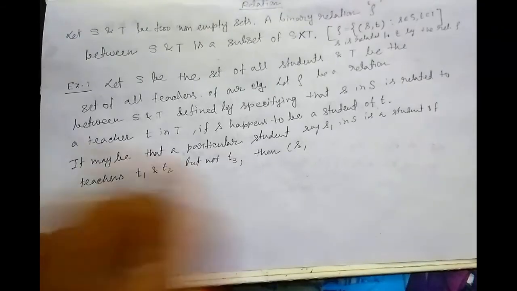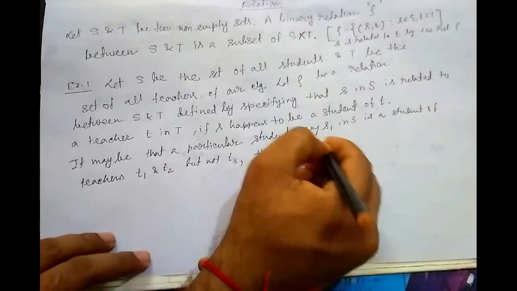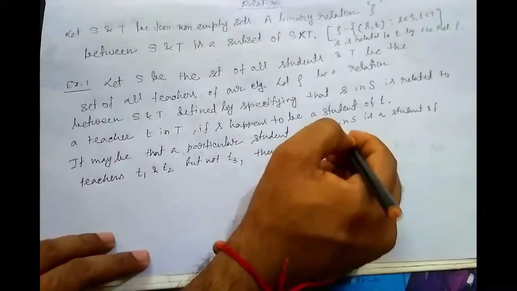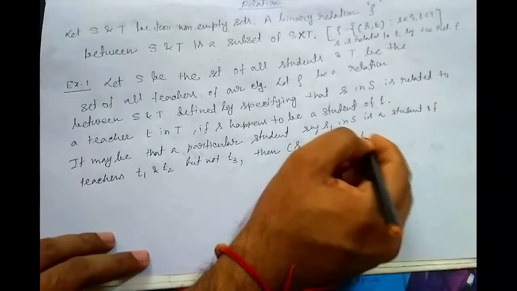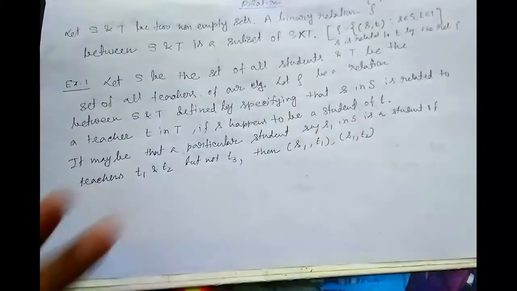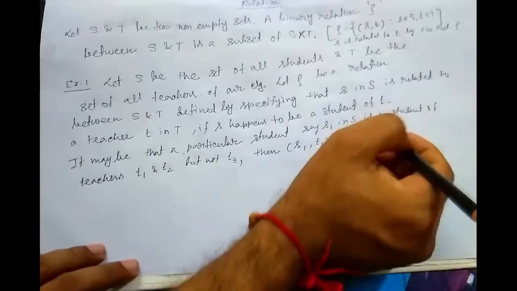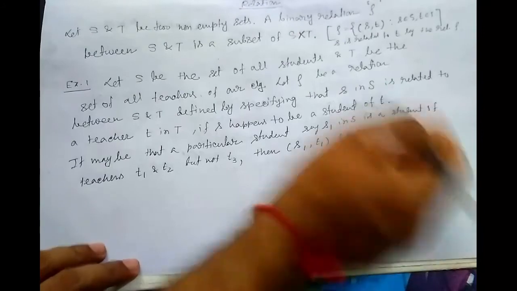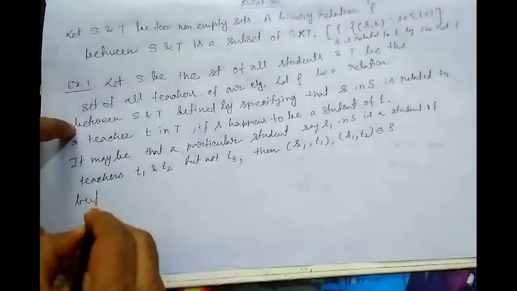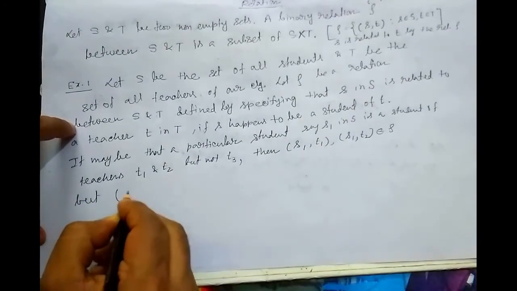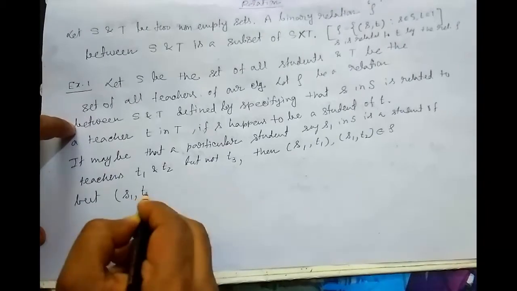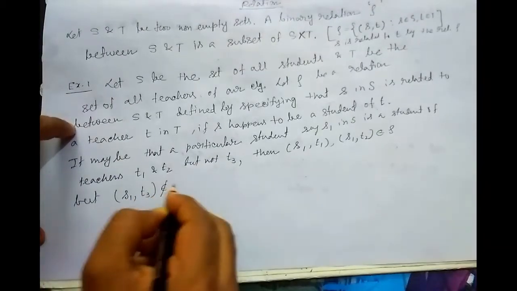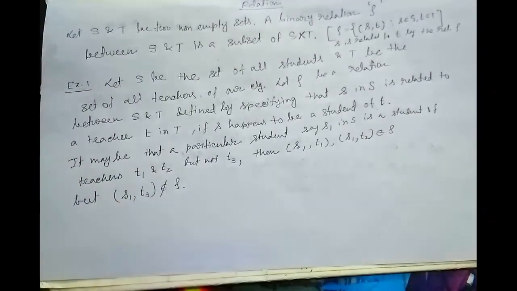Okay, see, then (s1, t1) and (s1, t2), these are only the ordered pairs, okay, belongs to rho. Okay, but (s1, t3) does not belong to rho because s1 is not a student of t3.